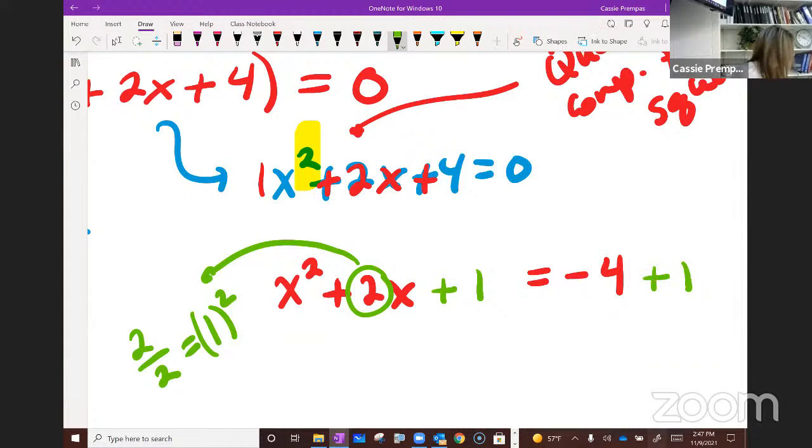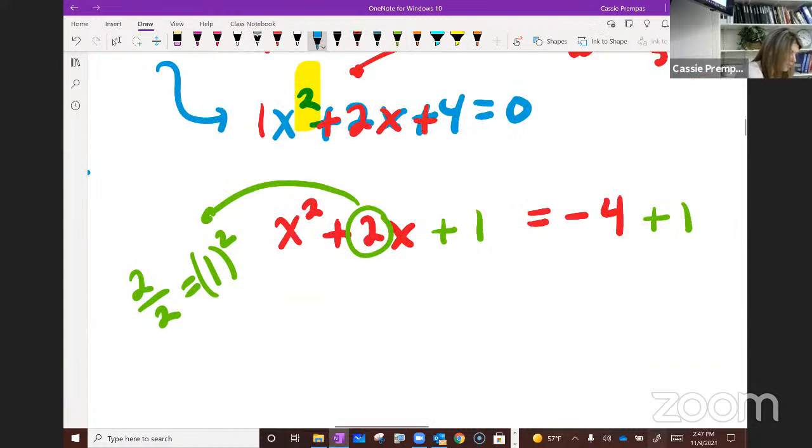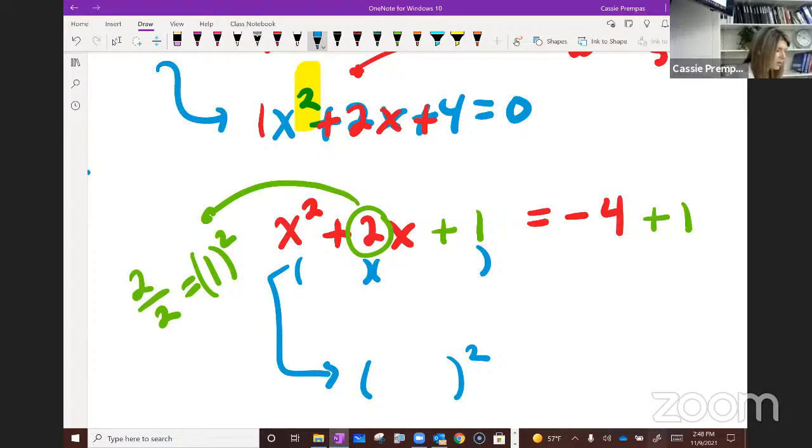Add it to the other side. Good. The reason we did that is so we could factor this down. You know it's going to factor into something squared. If you're unsure what, you can just break it down like we've done in the past. The last term is positive. The middle term is positive, so we know we're going to have the same sign as the middle term. X times x would give me x squared. What times what gives you 1?